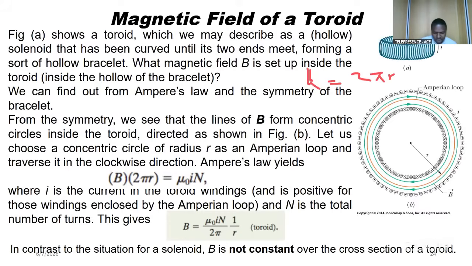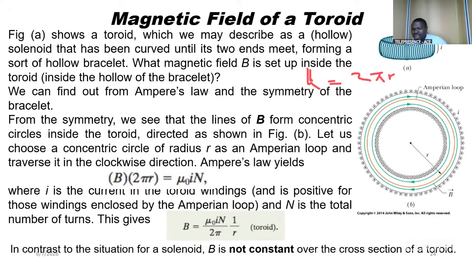Under the toroid, something you need to understand here is this. I'm not actually giving you a calculation to solve, I just give you some to know if you actually understand it. The principle here is that the magnetic field of a toroid is inversely proportional to the radius of that particular toroid.